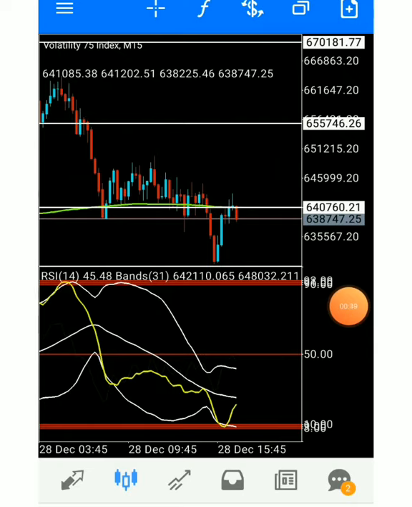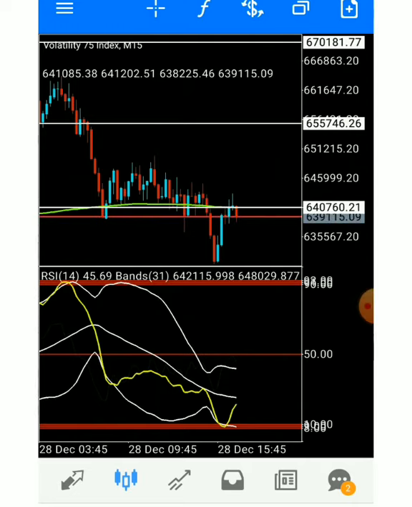And out of the fright of volatility, the way it moves, the next thing they do is to get off the market with a loss. Okay, so you should understand this very well. Whenever it gets to the oversold level, that does not mean it must go straight up to the overbought level. There must be fights along the journey.